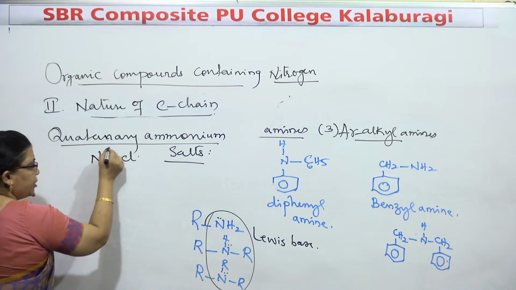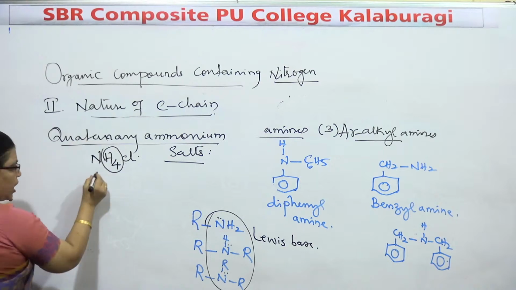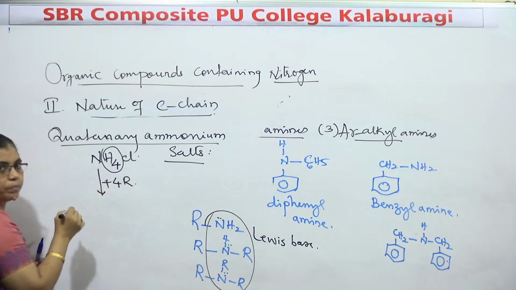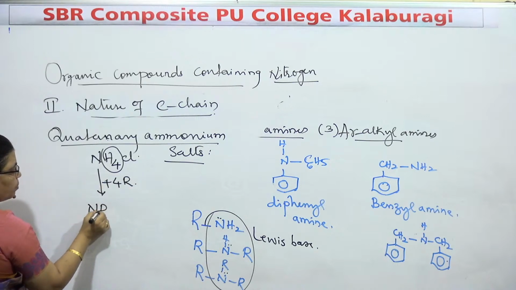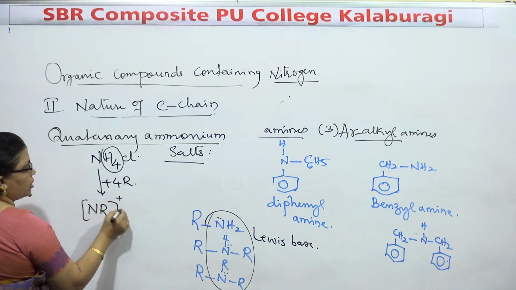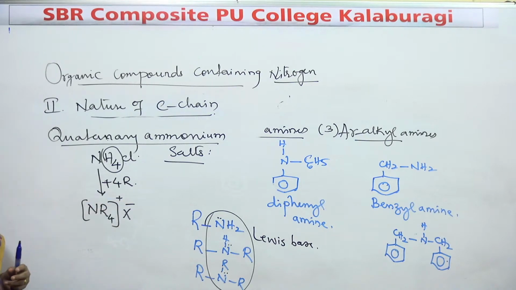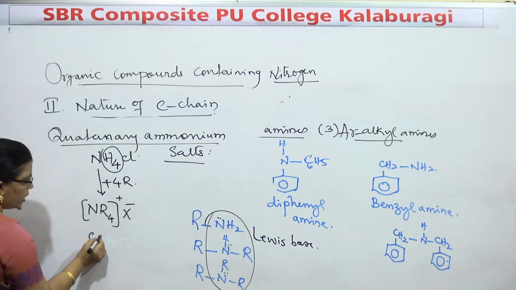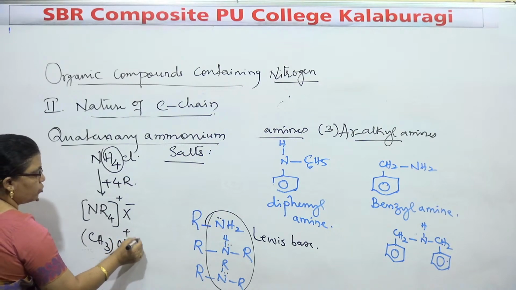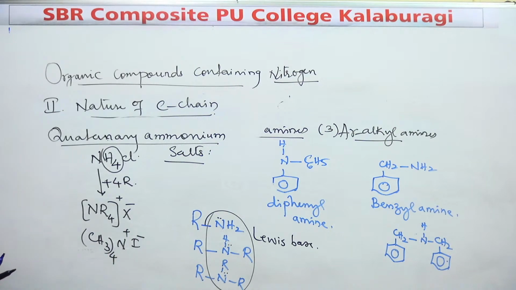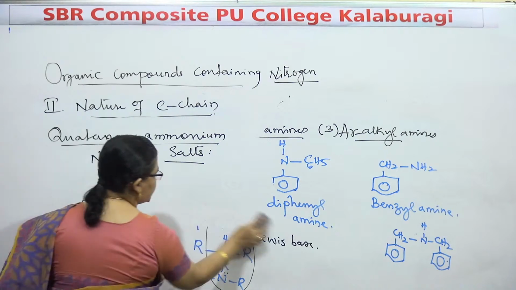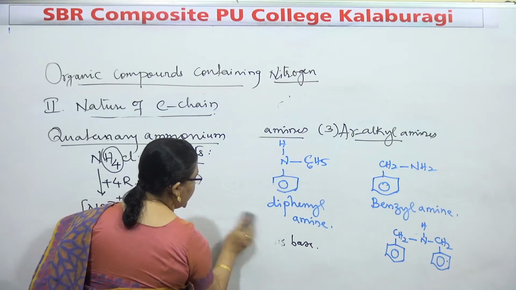All the four hydrogen atoms of ammonium salt are replaced by alkyl group or aryl group, four alkyl or aryl groups. This will get a positive charge, with X minus. Even we can write the example as tetramethyl ammonium iodide. Write the name.